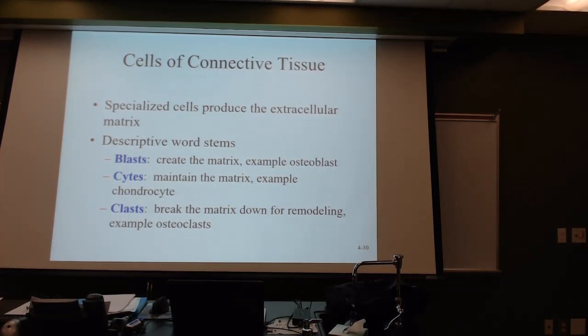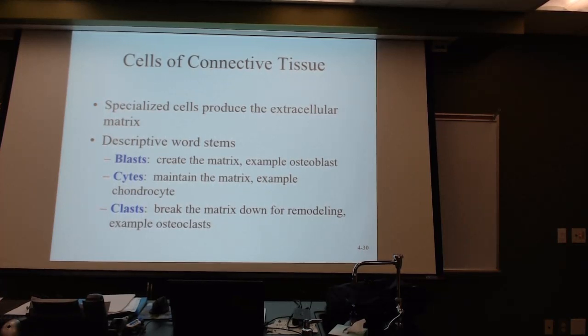Bone. Now, as we get more into it, okay, we'll learn what that osteoblast does. Because right now, you're seeing blast create the matrix, example, osteoblast. That doesn't mean a lot right now.